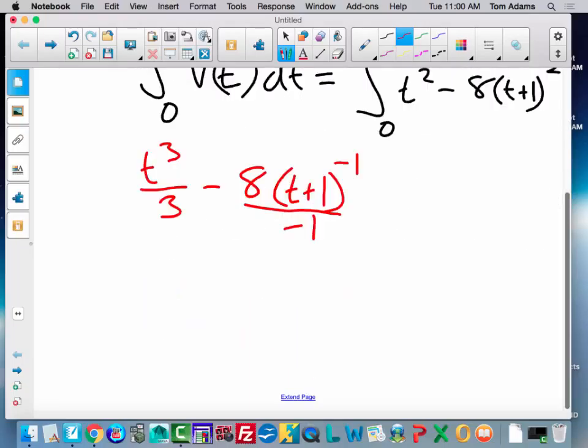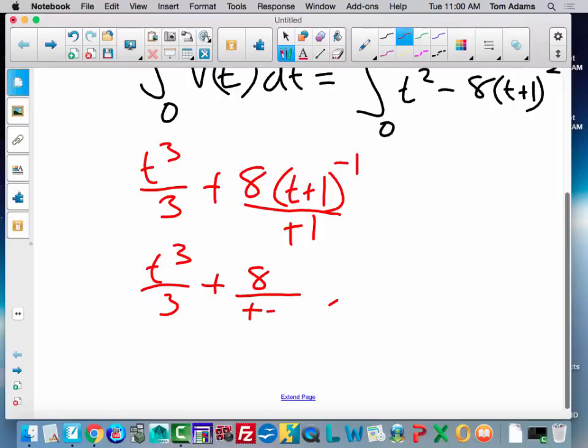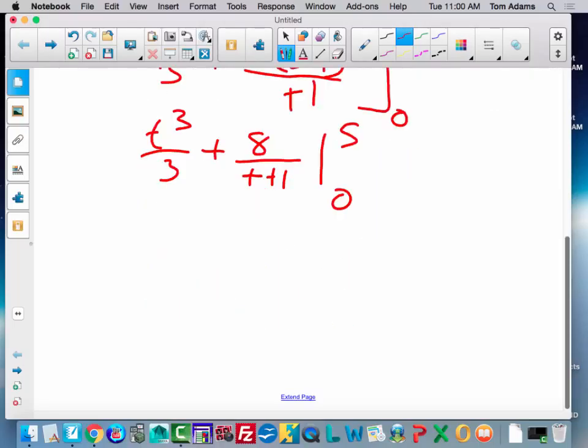The negatives cancel, and I get t to the third power all over 3 plus 8 times t plus 1 raised to the negative 1. I could write it on the bottom like this, and remember that is evaluated from 0 to 5.